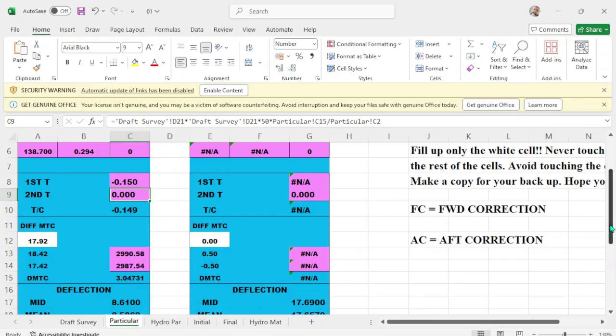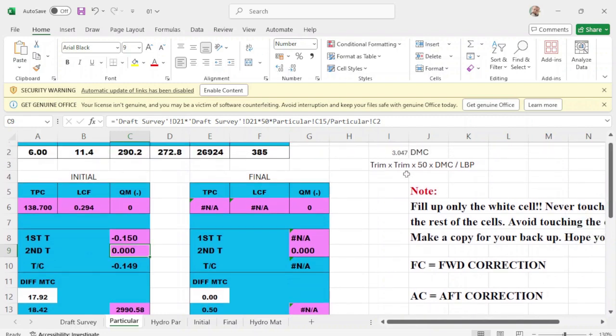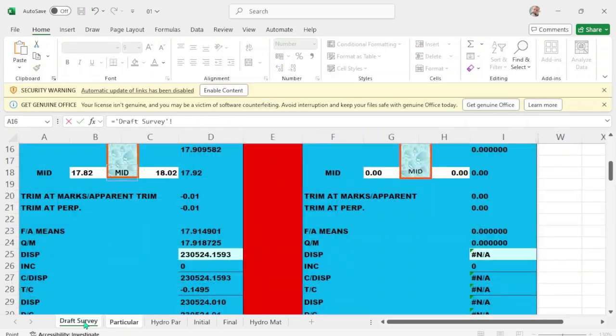Okay, so this is your DMC. So again, the formula says trim times 50 times DMC over LP. So we put here equals trim. We go to the trim. This is your trim times another trim.